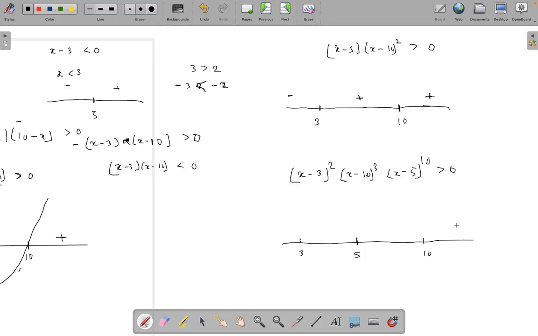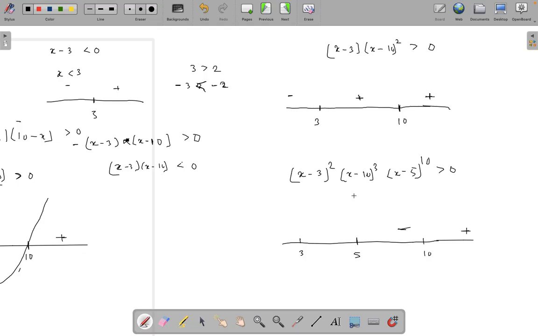So greater than 10, it will be plus. Now look at the power. If it is odd, then change sign.